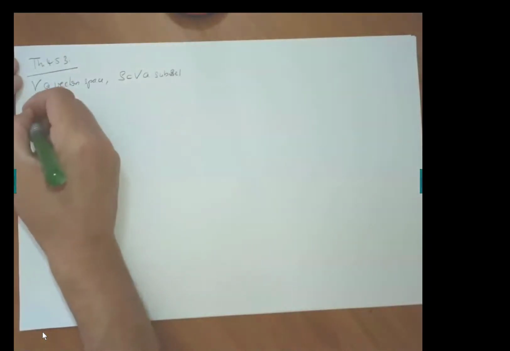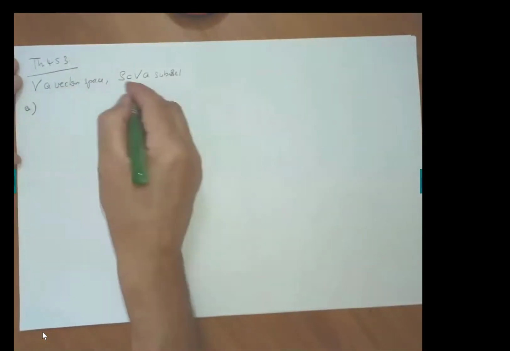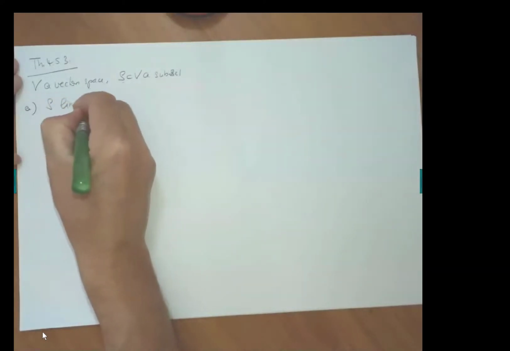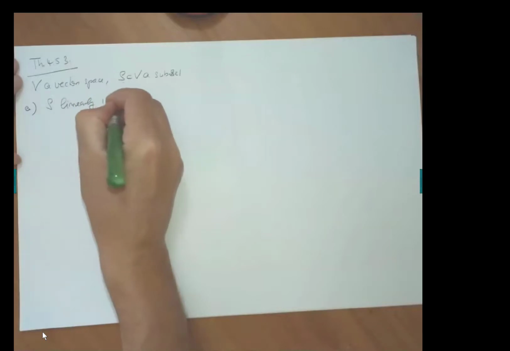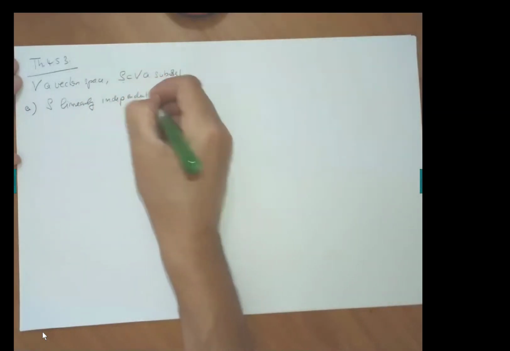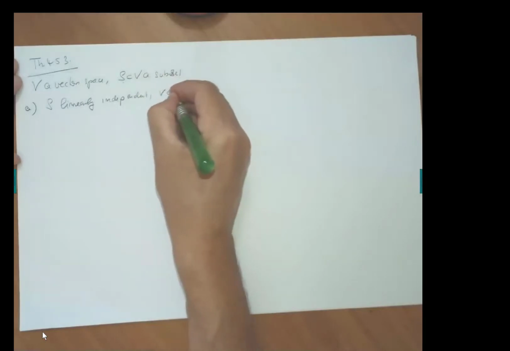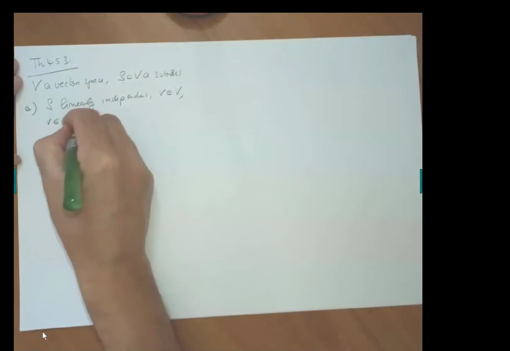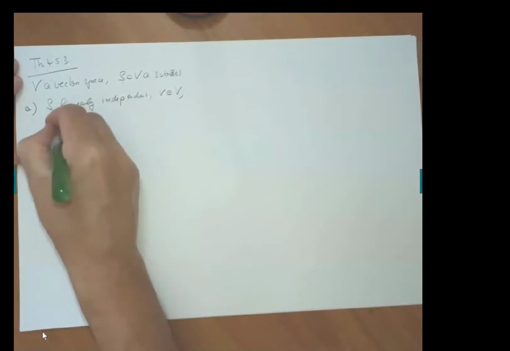Then part A: if S is linearly independent, then take another vector v in V, and v is not in the span of S.